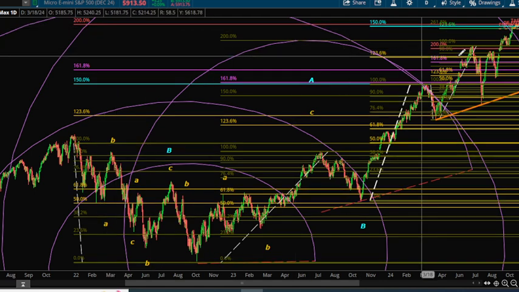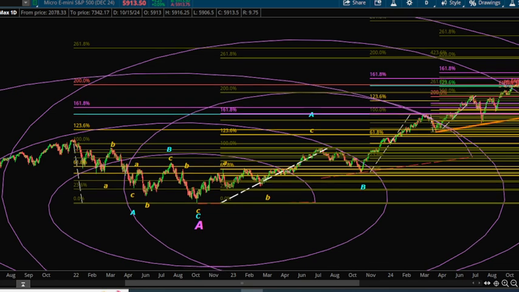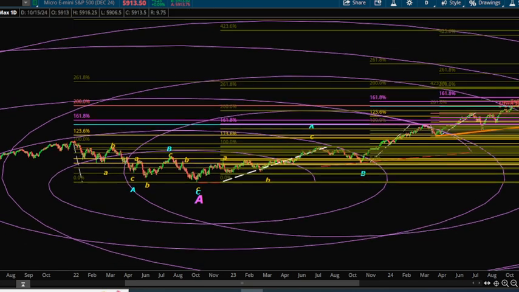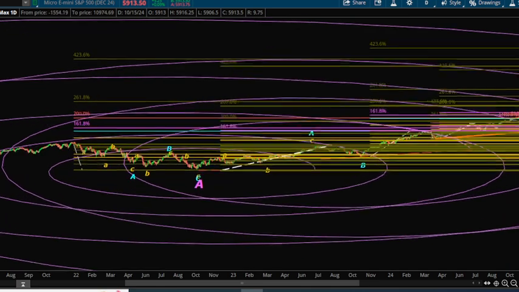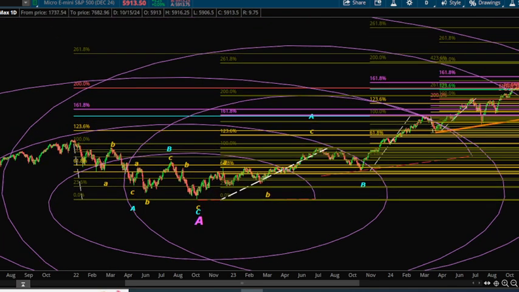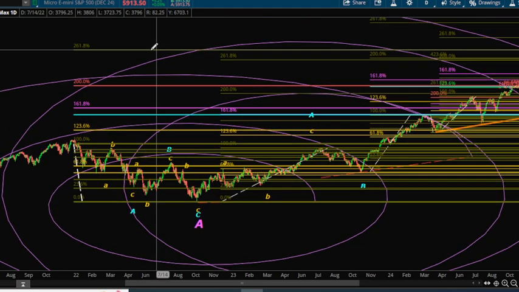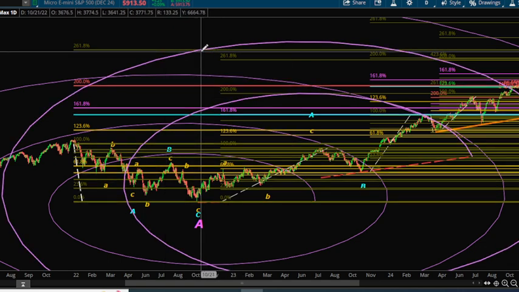And if it goes past that, then we are looking for the 261.8 up in here, which will put us up at 66.64.